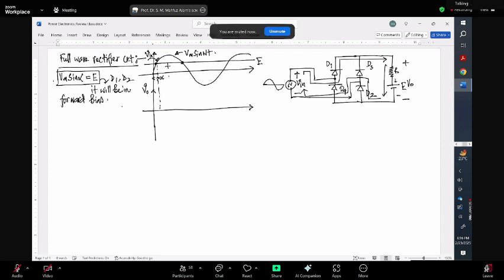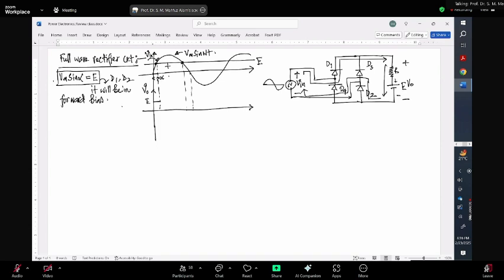Is there any confusion regarding this? Anyone? So before this point, your output voltage will be equal to your battery voltage E.